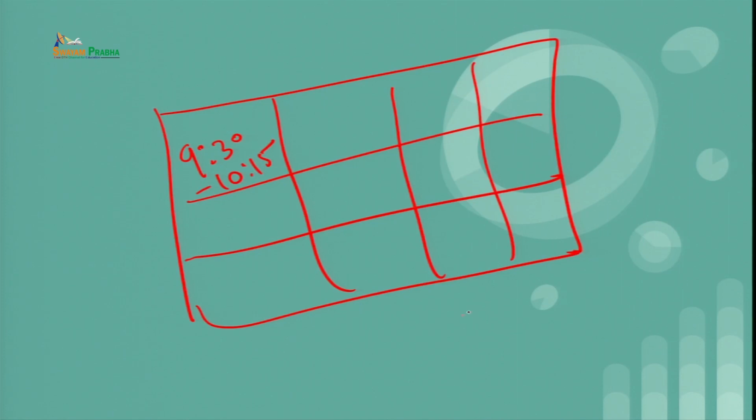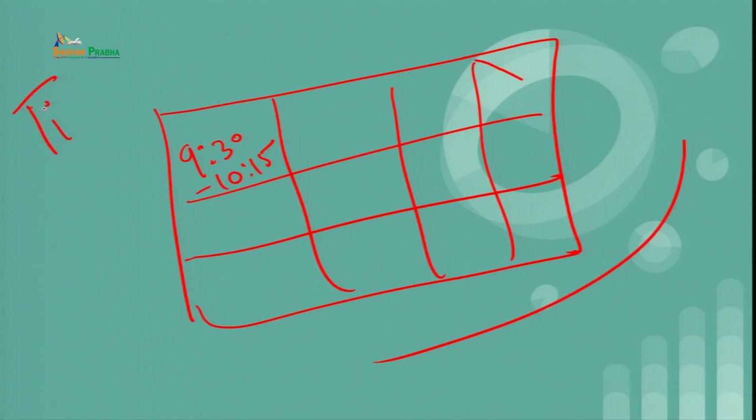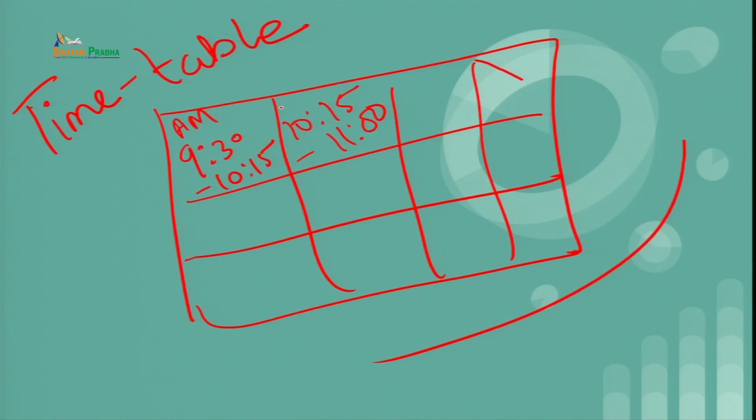So the discussion is going to take place around the timetable of the class. Now, when she is about to write the second column, the teacher asks, pointing to a student, what do you think I should write now? The student immediately replies that the time would be 10:15 and then 11 o'clock. This goes up in AM.